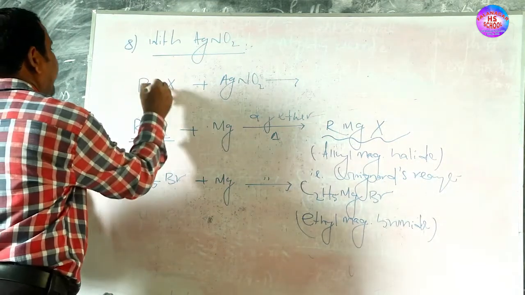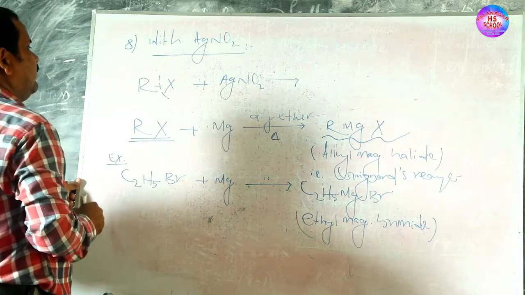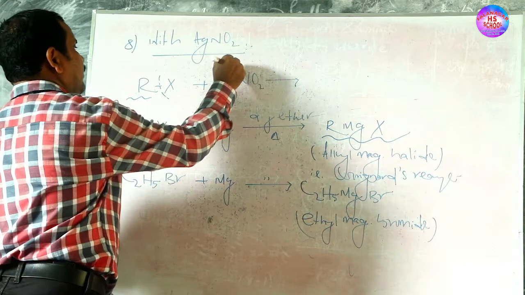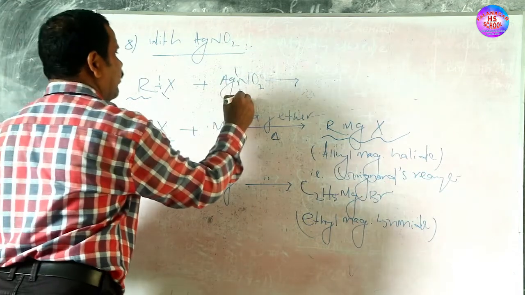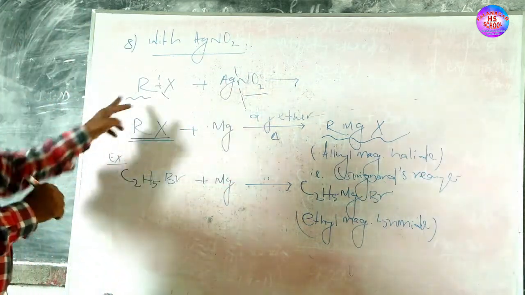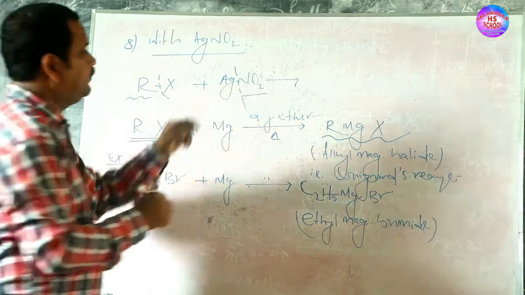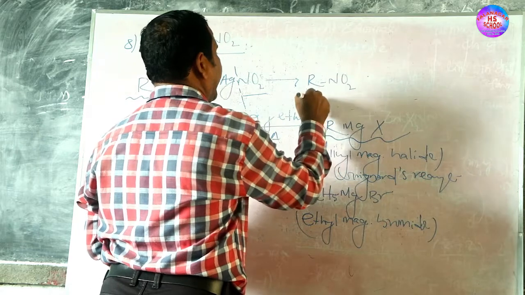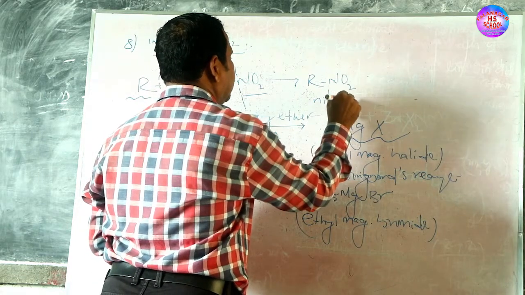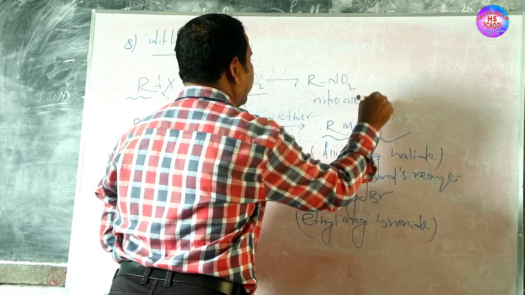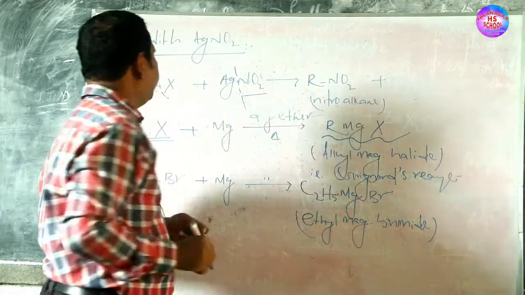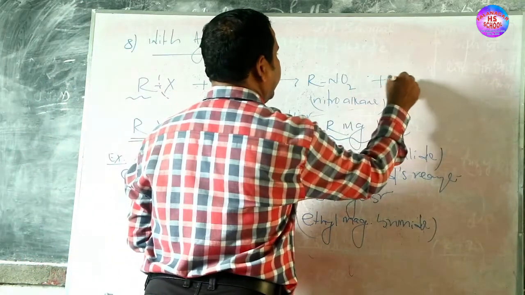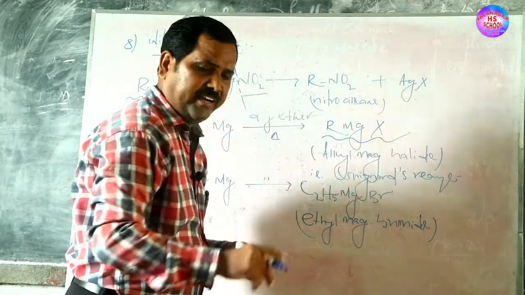So now the R–X bond breaks to form alkyl group R attached to the nitro group NO2. R–NO2 is called nitroalkane, plus silver halide AgX.